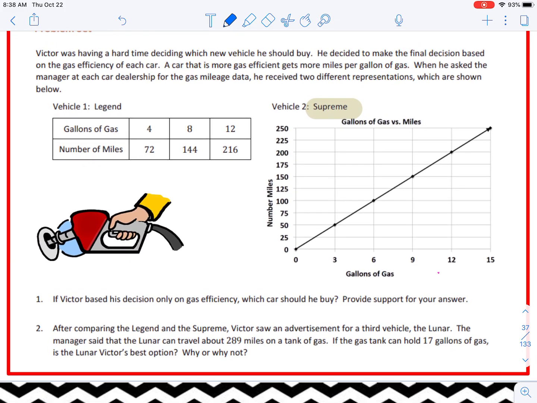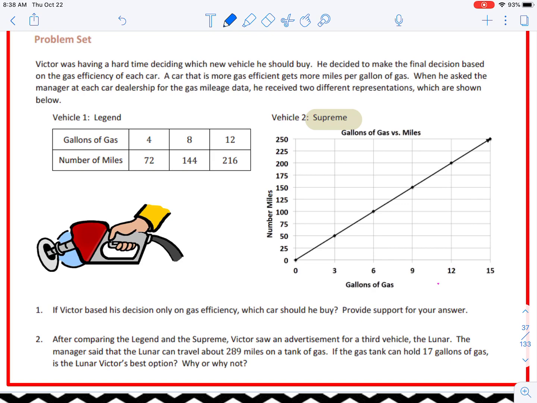So the problem set says, Victor was having a hard time deciding which new vehicle he should buy. He decided to make the final decision based on the gas efficiency of each car. A car that is more gas efficient gets more miles per gallon of gas. When he asked the manager at each car dealership for the gas mileage data, he received two different representations, which are shown below.